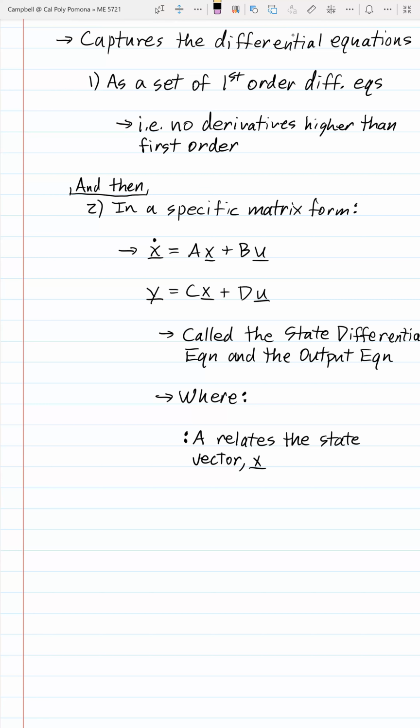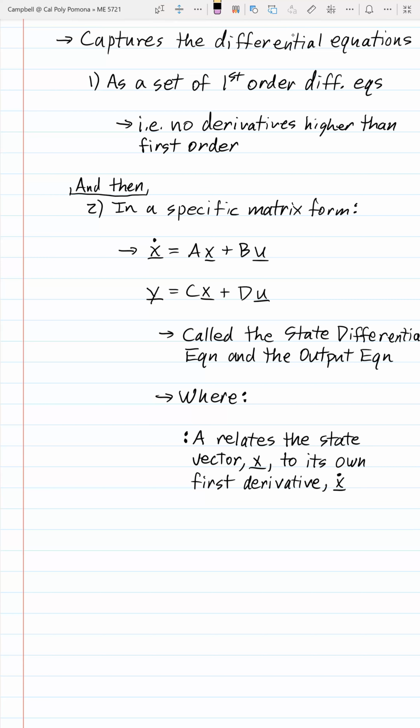So the matrix A relates the state vector to its own first derivative. Now, it doesn't do it exclusively. It might in some cases, but it doesn't necessarily do it exclusively to its own first derivative, X dot, where of course X dot is representing how those states are changing in time, right?